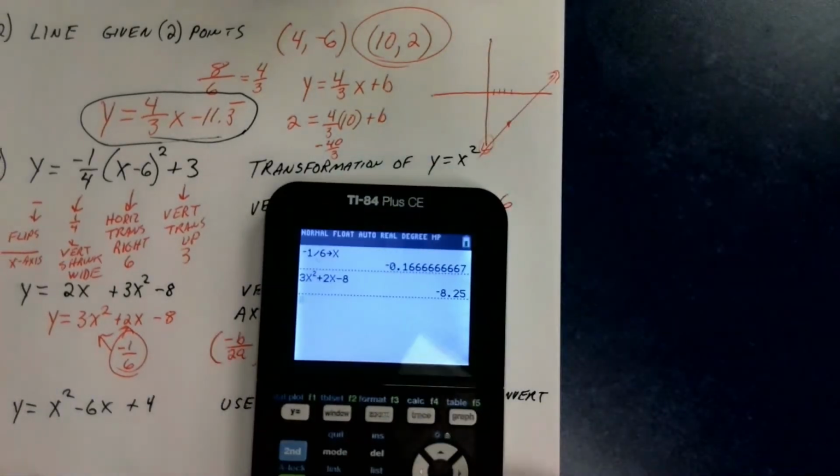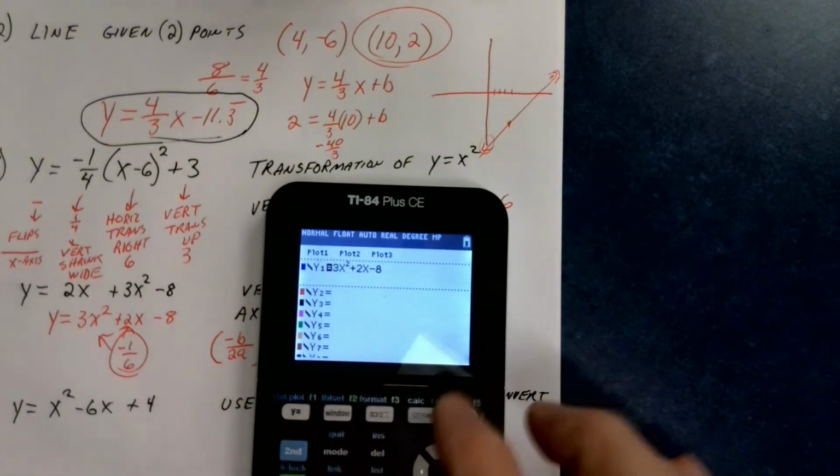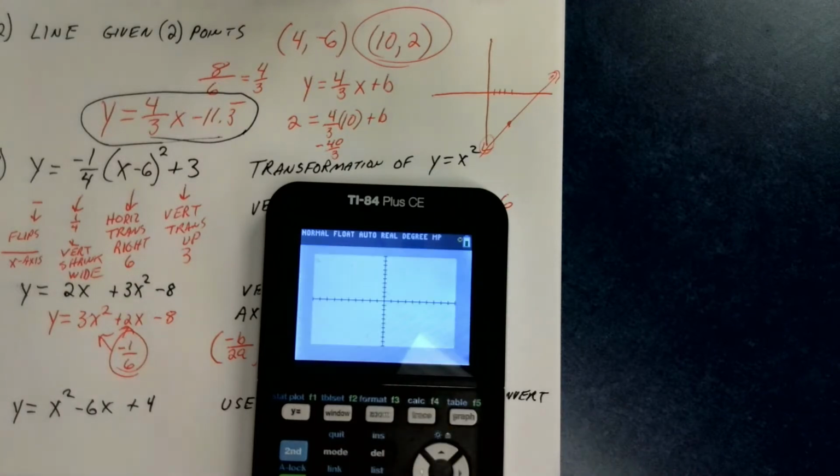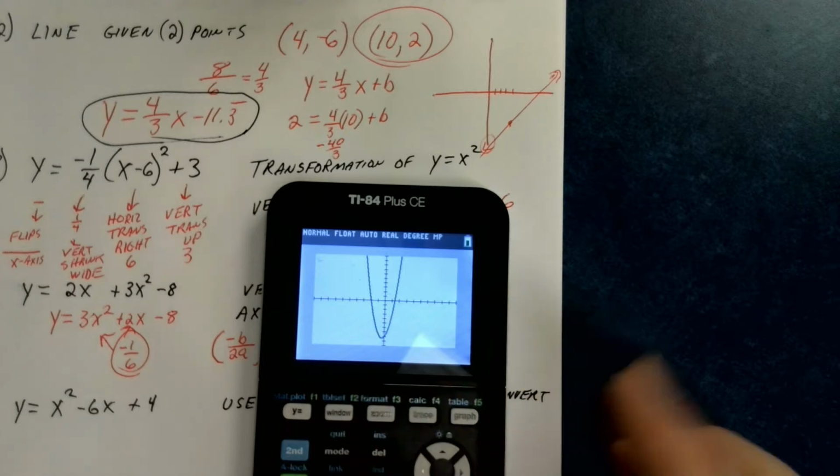Let's check and see if this actually gives me what I thought it was going to give me. I'm going to go to my y equals 3x squared plus 2x minus 8 and graph this. So zoom 6 it. Oop, look, right there, that's the vertex.